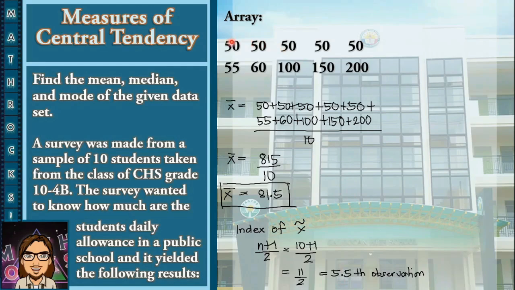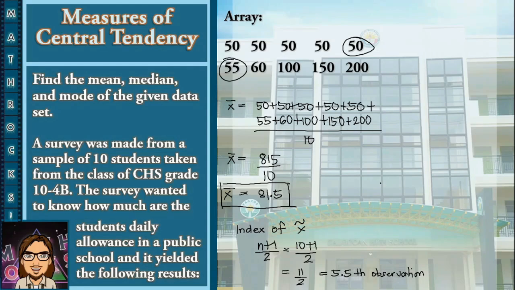And with that, counting the numbers 1, 2, 3, 4, 5. So this will be our 5th observation in the array, while this will be the 6th observation in the array. And 5.5 is exactly halfway between those two observations. If you still remember the note on the definition of the median, it stated that there are cases where two numbers represent the middle portion of an array, such as this particular example.